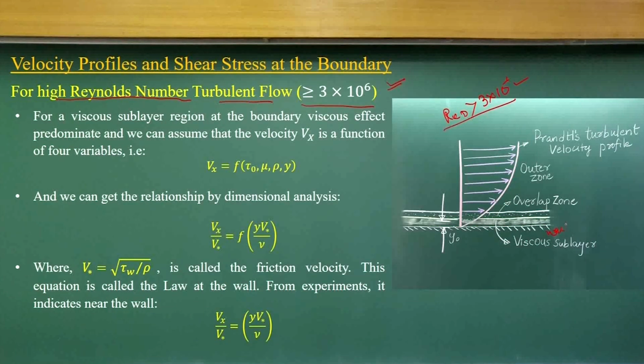At the wall, there will be a flow which behaves like laminar flow, like a viscous sublayer. As you go to the outer zones, a velocity profile develops which does not have a linear relationship. In laminar flow, there is a linear relationship between the shear stress and the velocity distribution, but that does not happen in the outer zones. And in between there is an overlap zone formation.